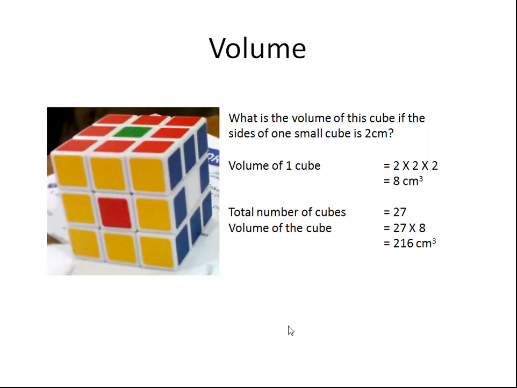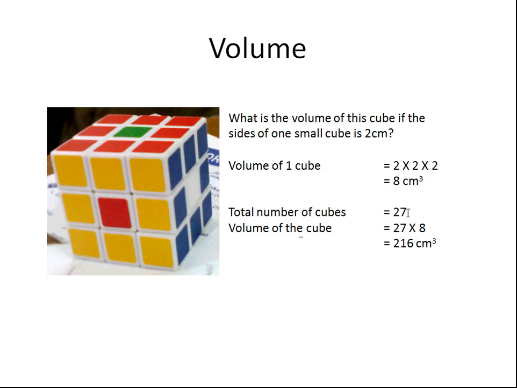Here is another example. What is the volume of this cube if the side of one small cube is 2 centimeters? So if this one small side is 2 centimeters, this one small cube has a volume of 2 times 2 times 2, which is equal to 8 cubic centimeters.